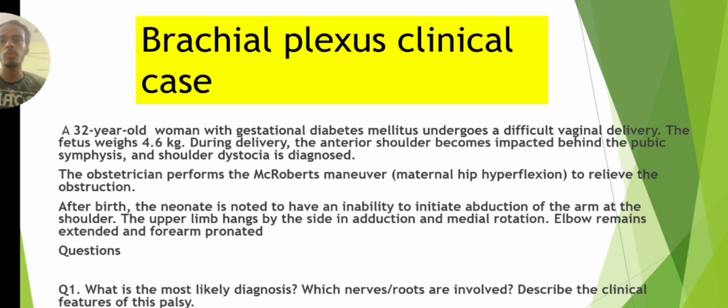A 32-year-old woman with gestational diabetes mellitus undergoes a difficult vaginal delivery. You will see in the later part, in biochemistry practicals, there is GDM, gestational diabetes mellitus.